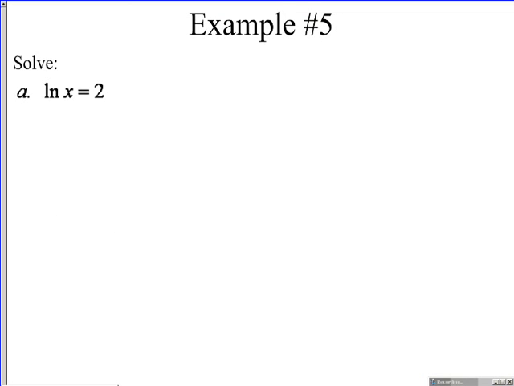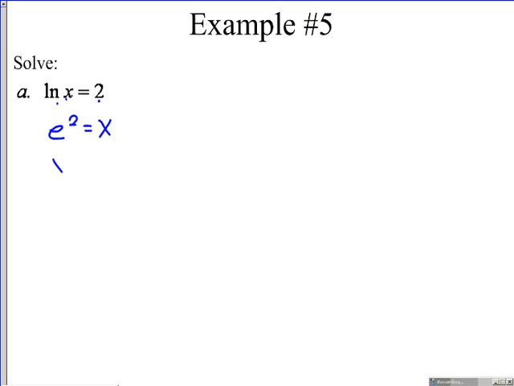Our first example here, we can see that we have logarithms only on one side. So we know we want to isolate the logarithmic expression. In this case, natural log of x is already by itself. Once we isolate it, change to an exponential. Base to the exponent equals the argument. So e to the second power equals x. In this case, x is already solved for.